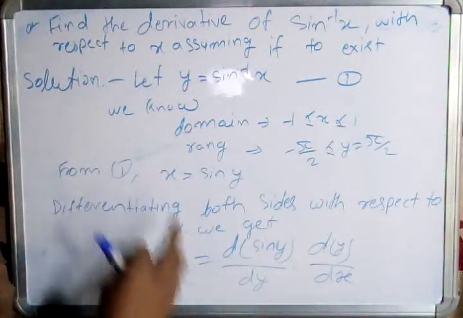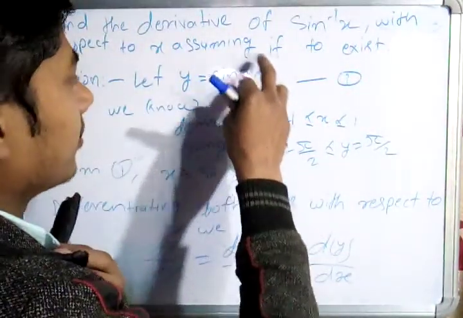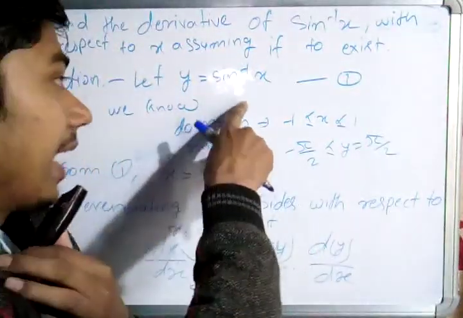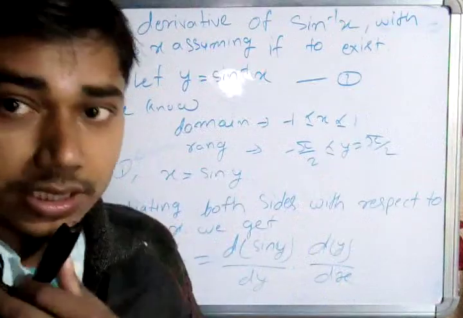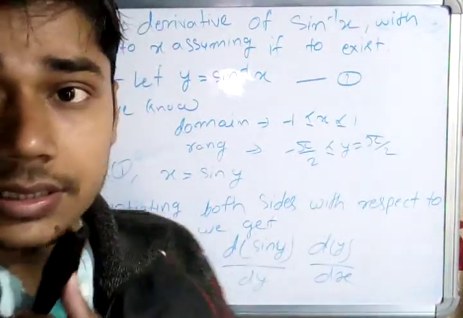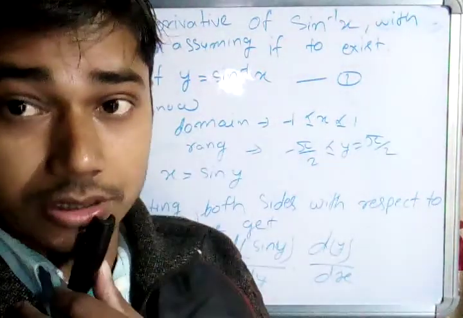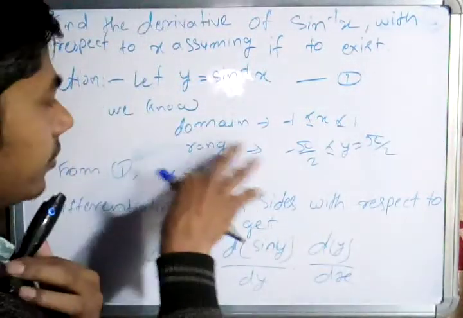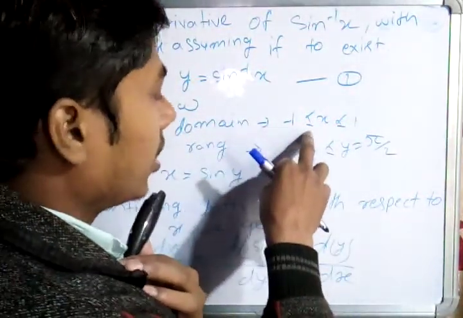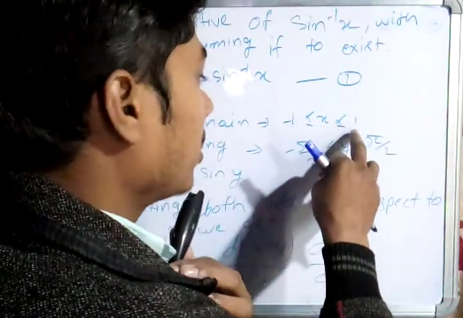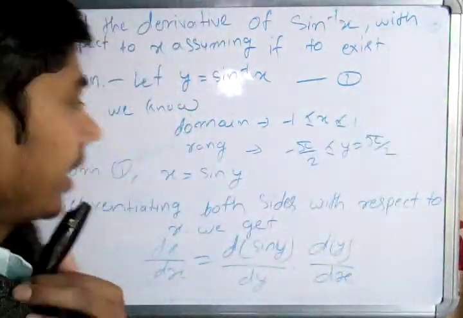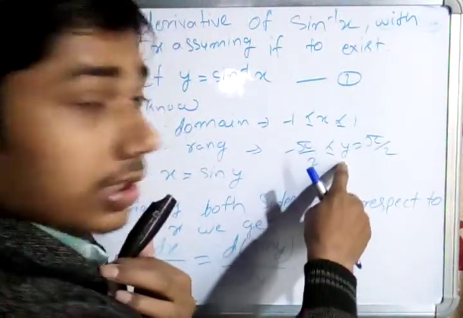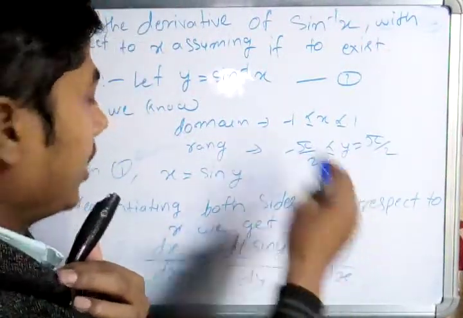Solution: let y is equal to sine inverse x. This is an inverse function, and it is a continuous function also. We know the domain is -1 less than or equal to x less than or equal to 1, and the range is minus pi by 2 less than or equal to y less than or equal to pi by 2.